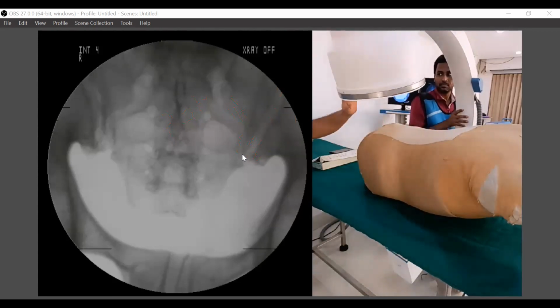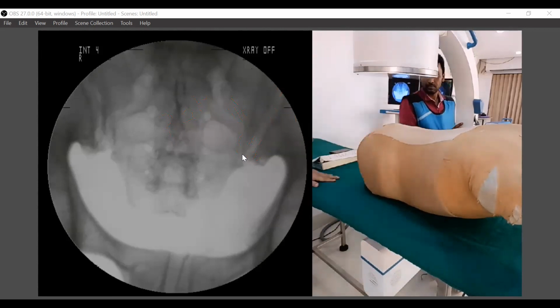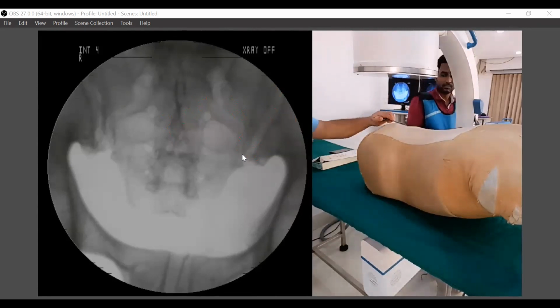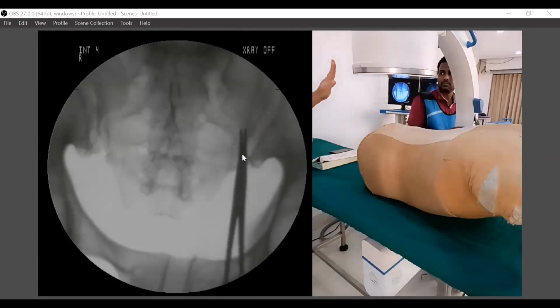Now just focus on the posterior joint line. This one is the posterior joint line. Focus and see how the contralateral oblique positioning under continuous X-ray makes them come over each other. Just shoot.